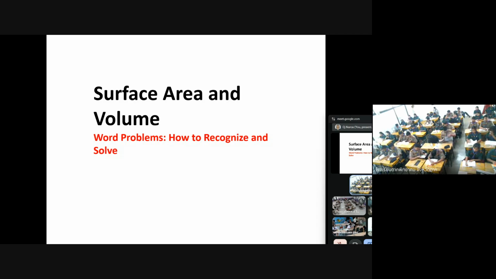What is the difference between the surface area and volume? What is the difference?